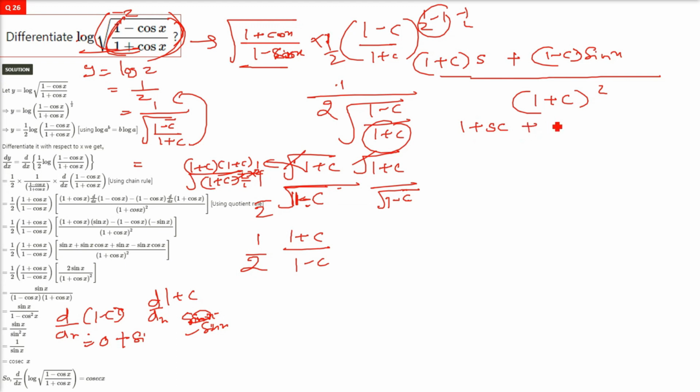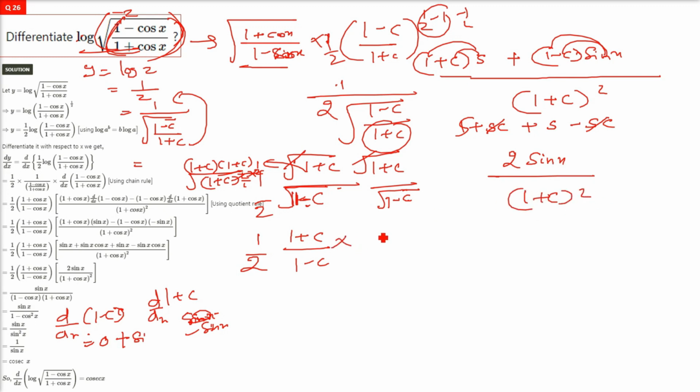Cos gets cancelled, you will get 2. So 2 into sin x. Or you can just open it: sin plus sin cos plus sin minus sin cos. So this sin cos gets cancelled. 2 sin x in the numerator, and 1 plus cos whole square.